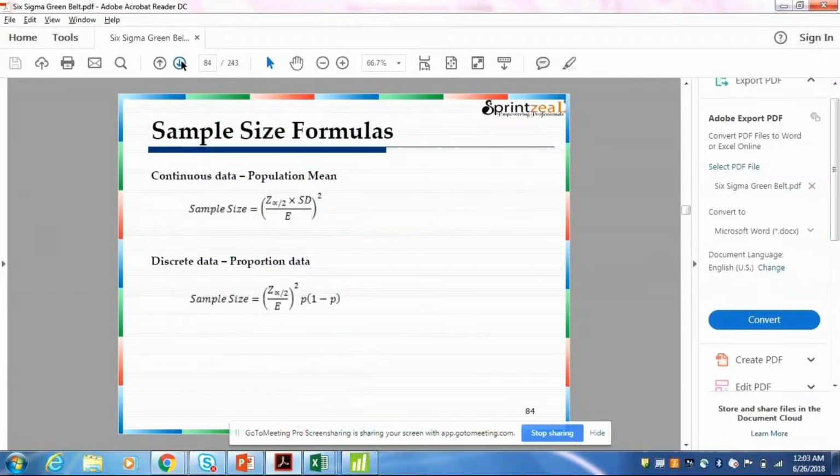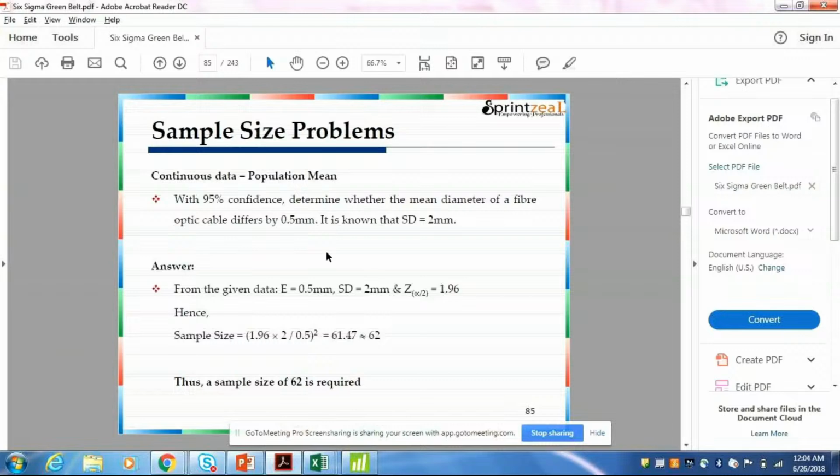Now the sample size. How do we find out the correct sample size to calculate for the population mean? Some example. So we're trying to calculate the correct sample size, with 95% confidence.